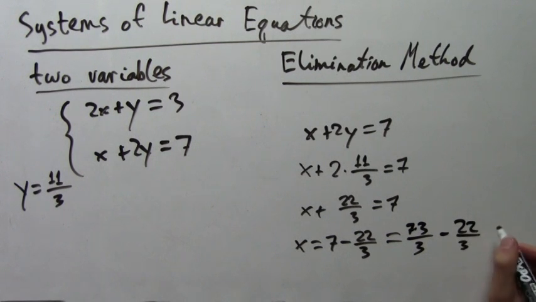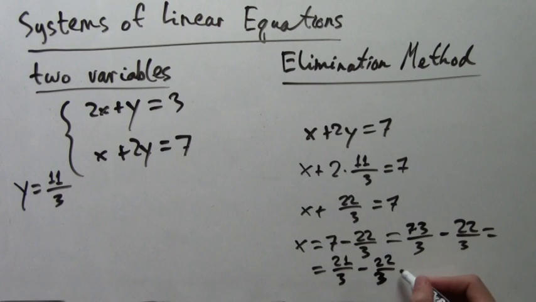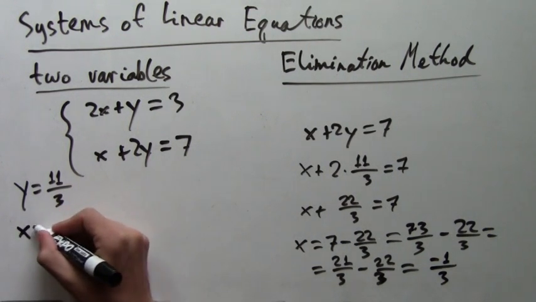This simplifies to 21 over 3 minus 22 over 3, which is just negative 1 over 3, so negative a third. So we get x equals negative a third.